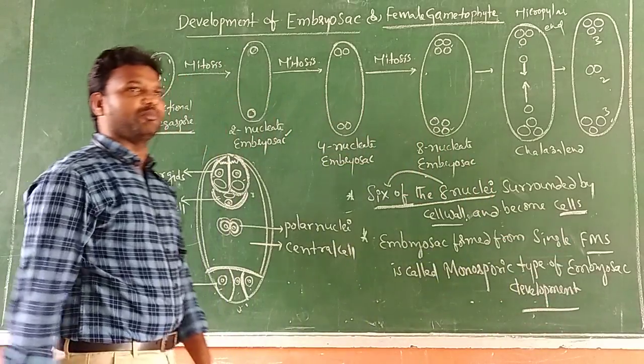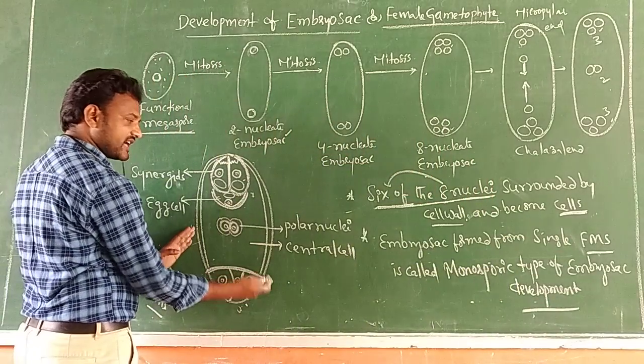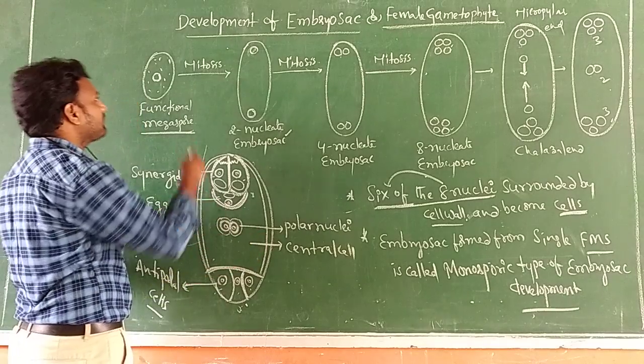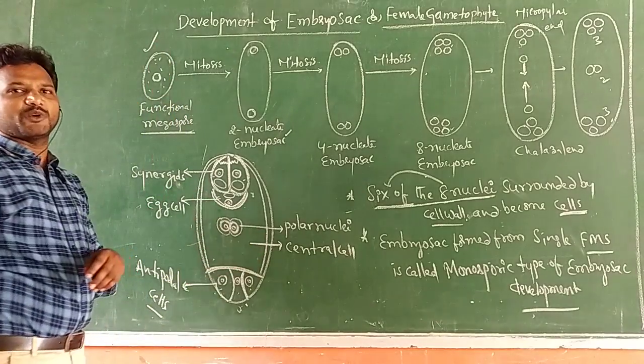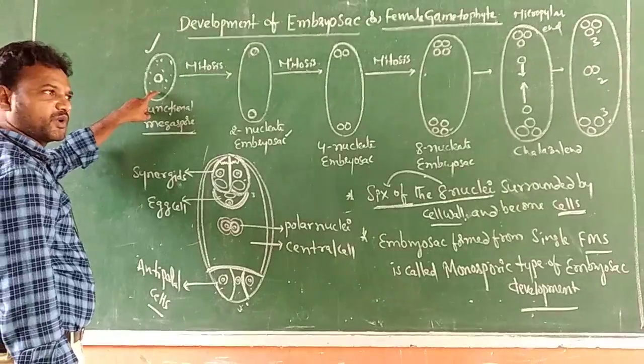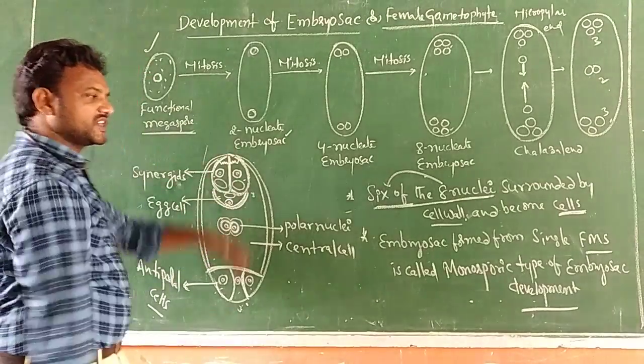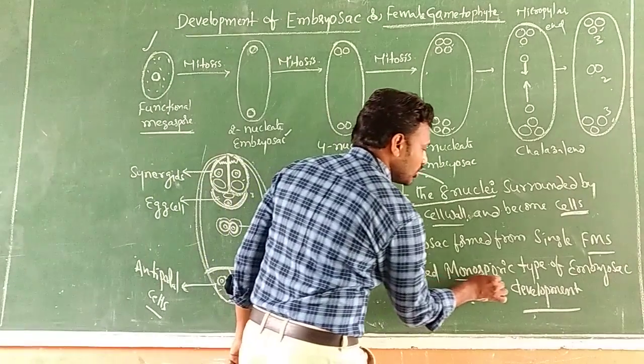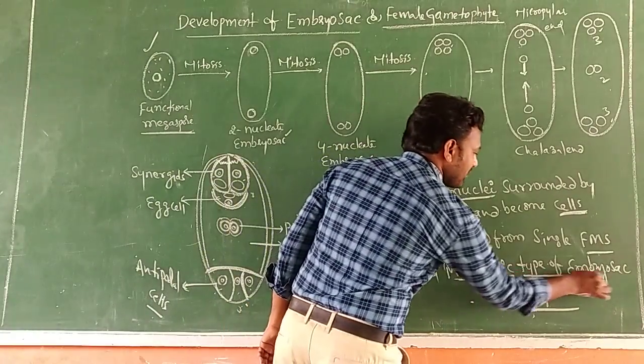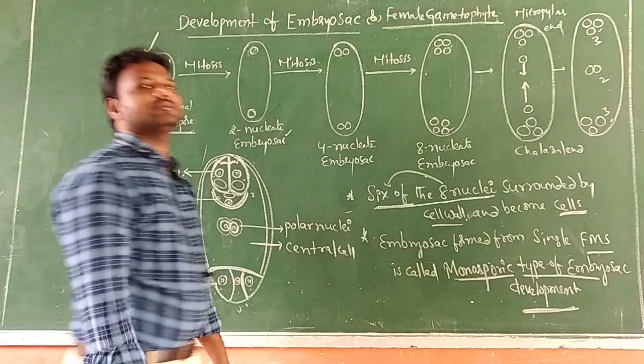Monosporic type of embryo sac means this embryo sac is totally developed from which one? A functional megaspore. The embryo sac is developed from a functional megaspore. This is called monosporic type of embryo sac development.